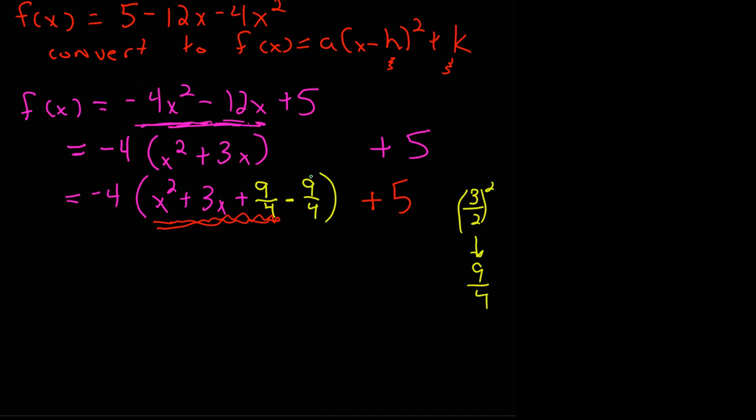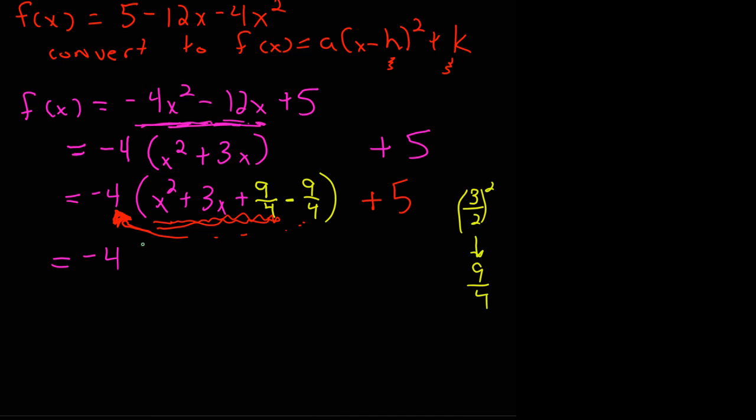But I need to get this negative 9/4 out of the parenthesis. Well, notice everything in the parentheses would be multiplied by a negative 4. So if I want this to come out, this has got to go through this gatekeeper of negative 4. And negative 9/4 times negative 4 is positive 9.